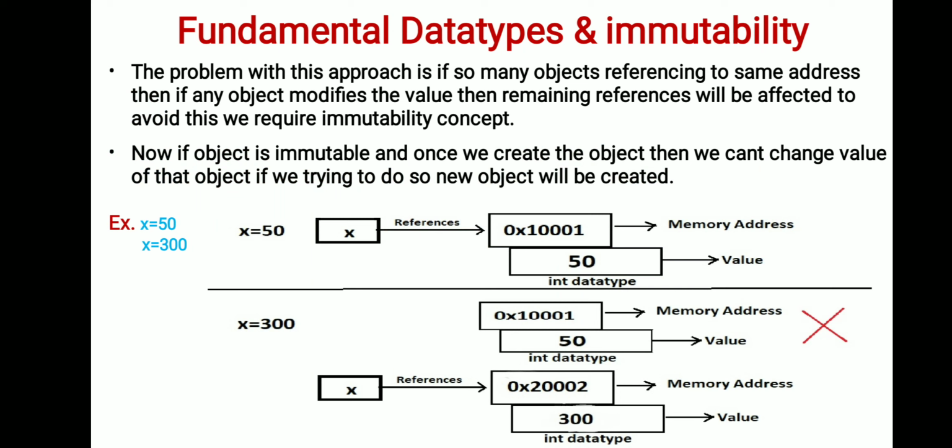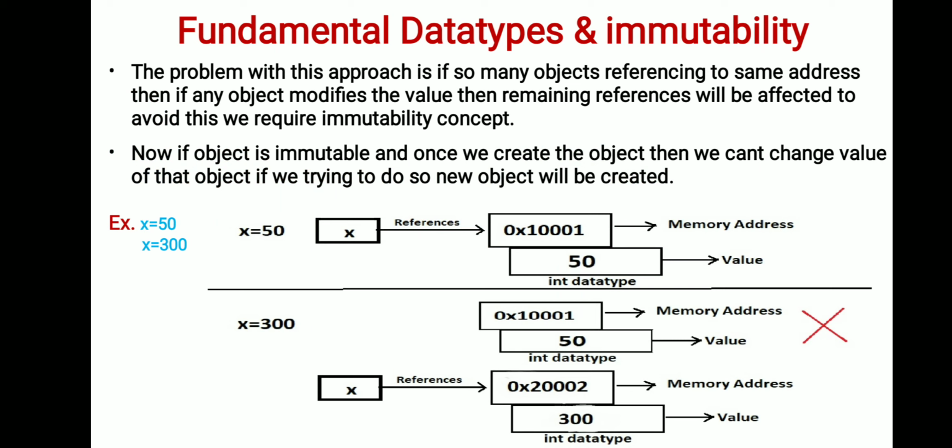Here two statements are there, x = 50 and x = 300. When Python executes x = 50, this creates an integer object at some memory location, say 0x10001, and that memory location will store the value 50. Here x doesn't contain the value 50 but just holds the reference to this object.